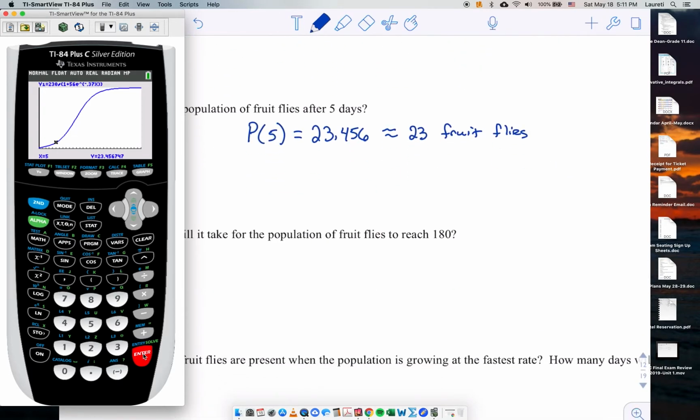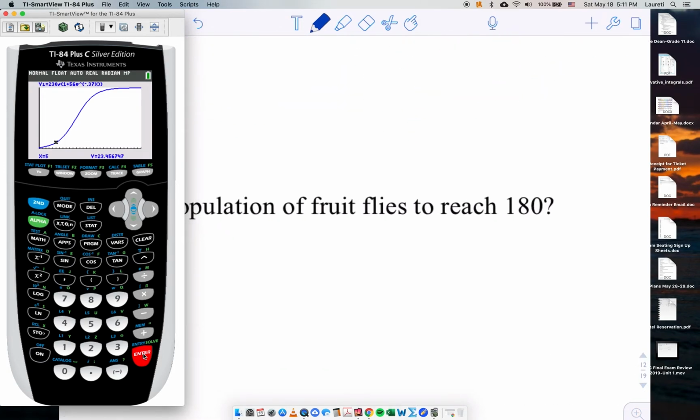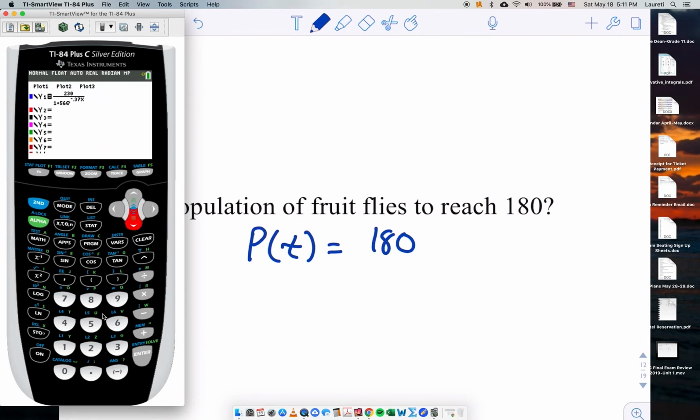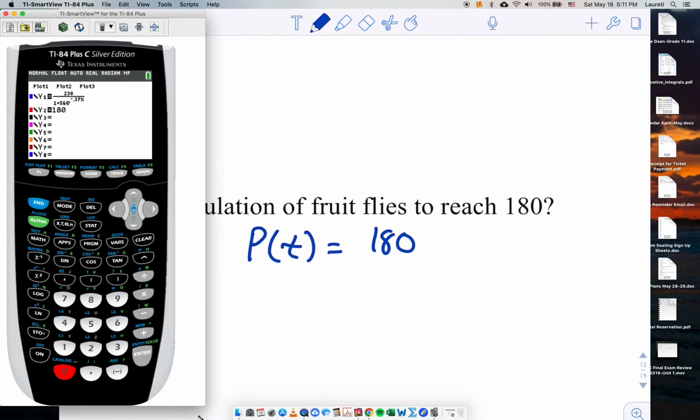Letter C, how long will it take for the population of fruit flies to reach 180? All right, so you're doing P of T now equals 180, okay? So you're going to try and look for the intersection of the graph and when it hits 180. So go back to y equals, and you're going to type in 180. I wonder if I can make that bigger.